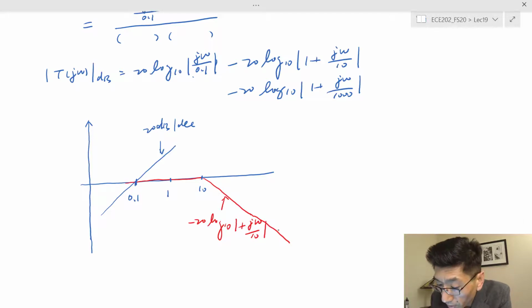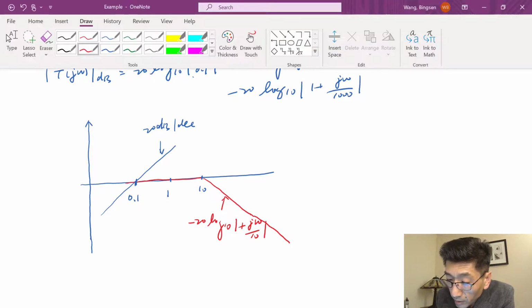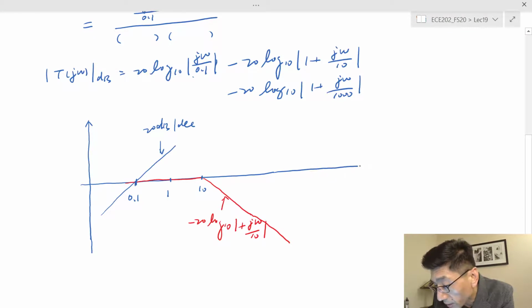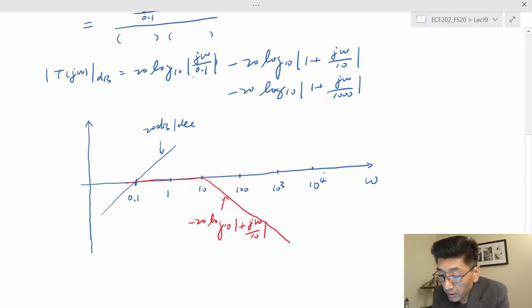Right now, let me extend this axis a little bit longer. This is the omega axis. Now I have 100, 1,000, and 10,000, maybe using the exponential form, 10 to the power 4.